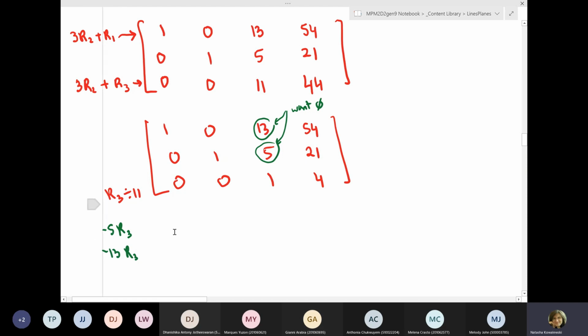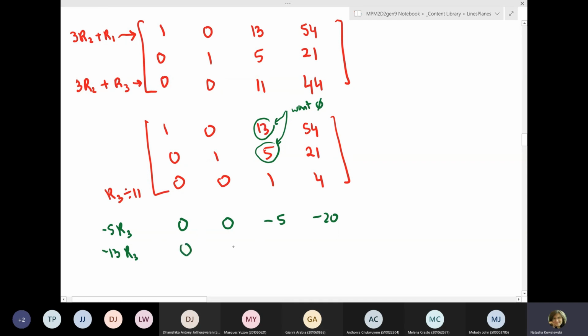Okay, ready? So over here, I'll just put down a row that's taking this row 3 and multiplying it by -5. So I'll have 0, 0, -5, -20.